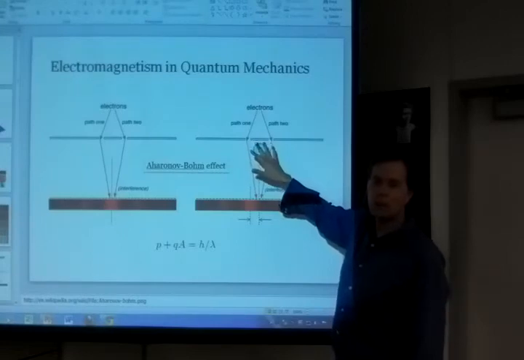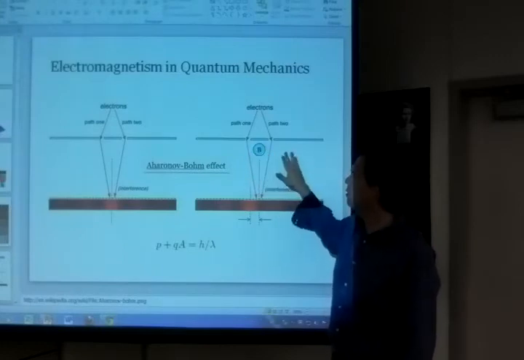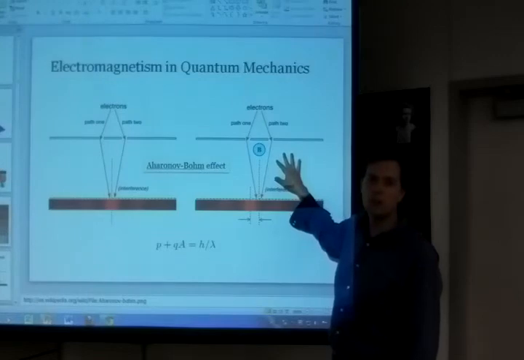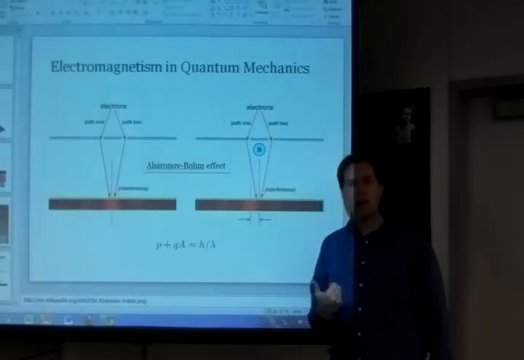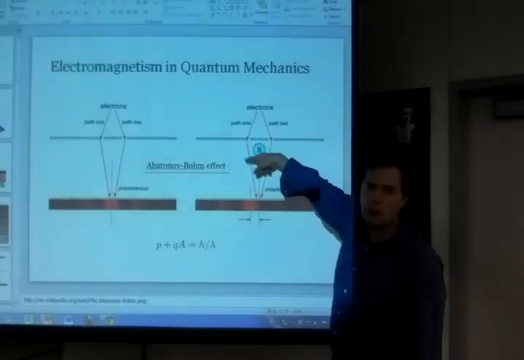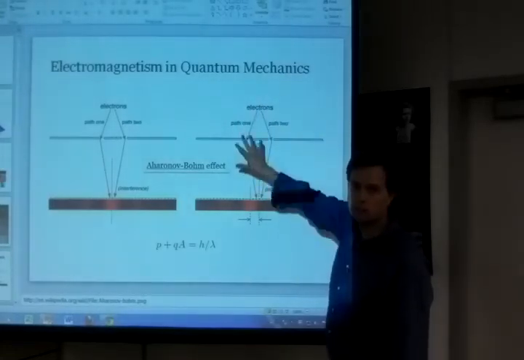And so the clever thing about this construction is that you have a situation in which you've got no magnetic field out here, but you do have a vector potential. And that vector potential follows the current. It doesn't curl around like the magnetic field, it follows the current.